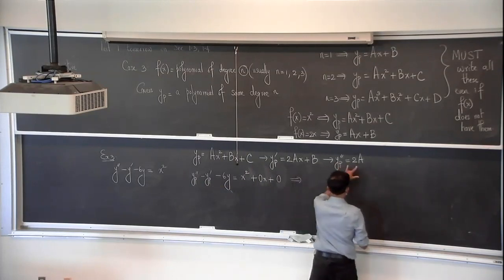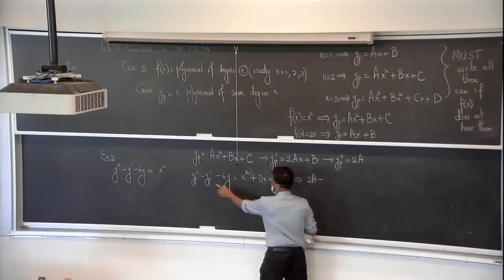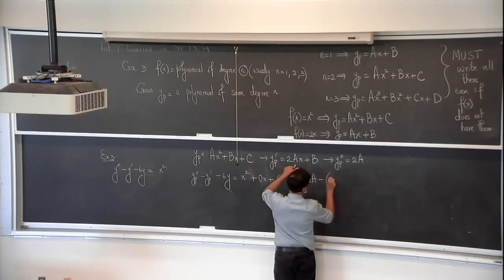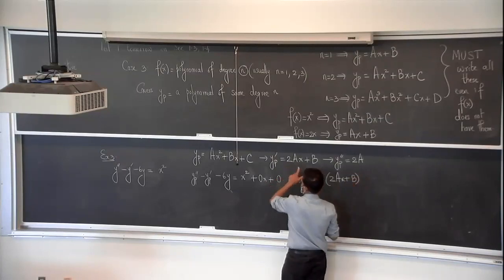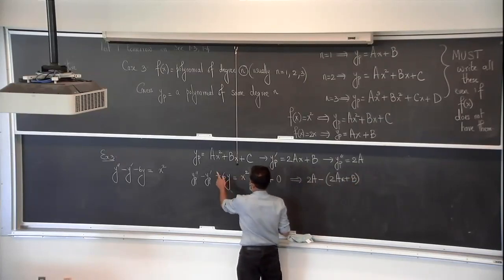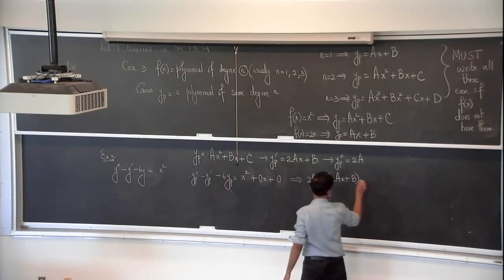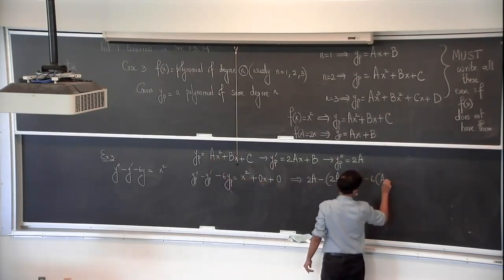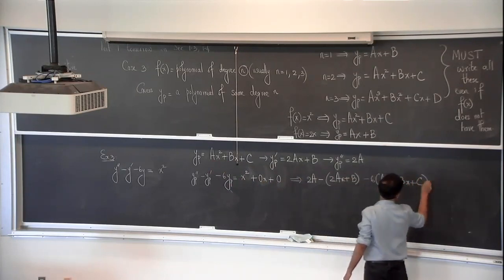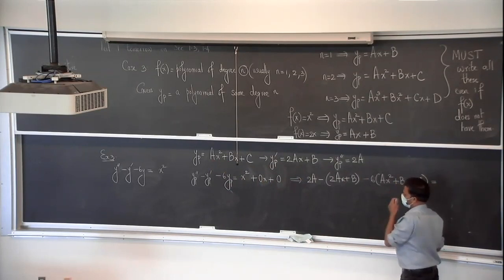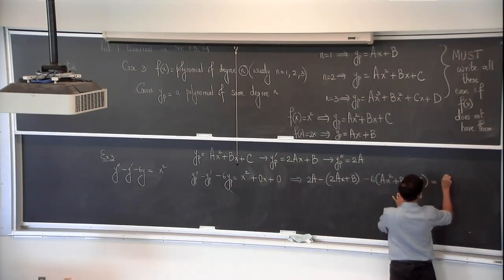I should look here. yp double prime is 2a, minus yp prime, which is 2ax plus b, minus 6y, where yp is your original guess. So it's minus 6 times ax squared plus bx plus c, equal to x squared plus 0x plus 0.